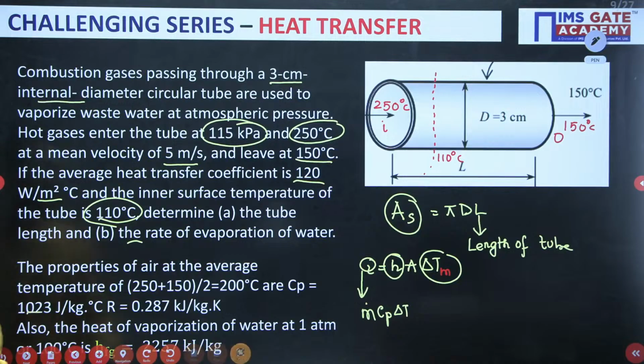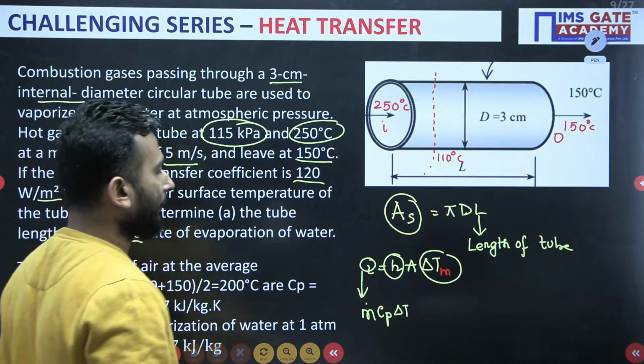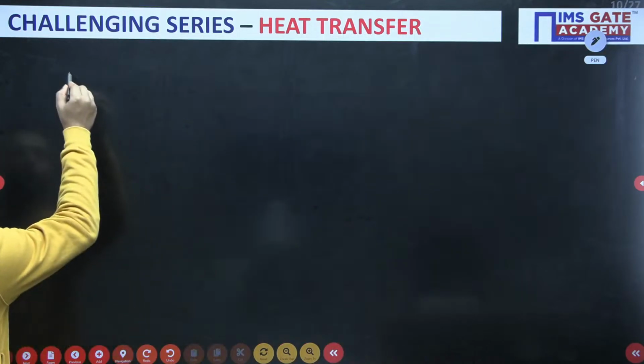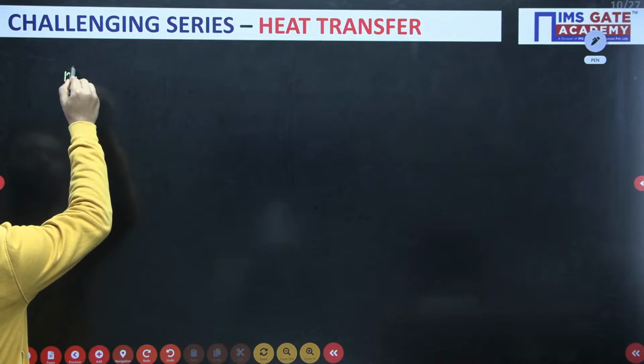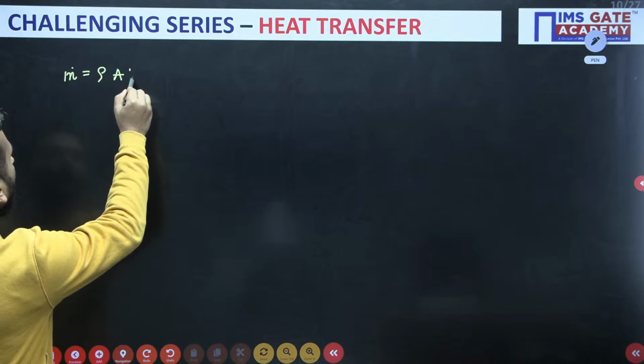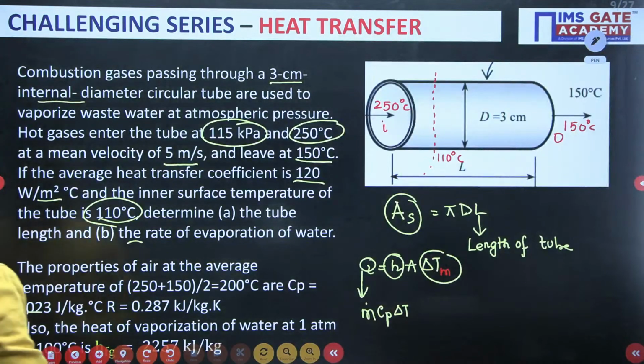Now you will be thinking, sir, how to calculate mass? So mass is rho A V, where rho is the density of air.